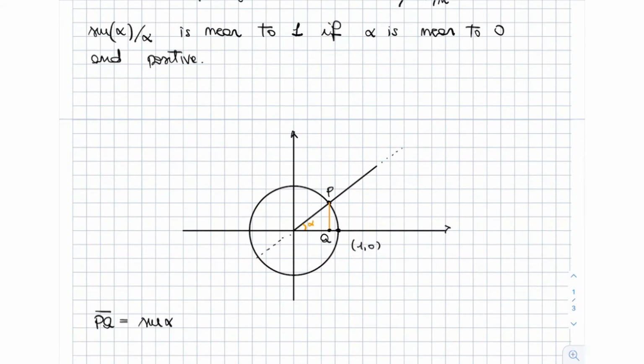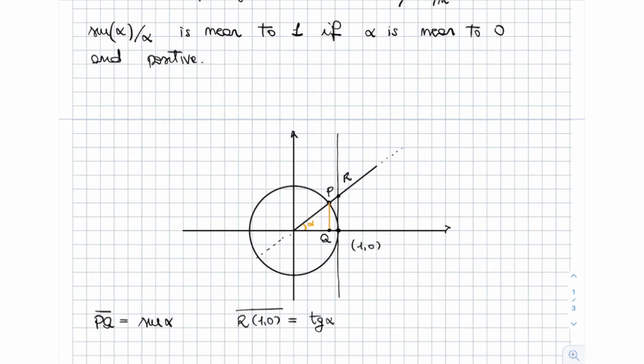If instead we draw the line which is parallel to the y-axis and goes through the point (1, 0), and we call the intersection between the line on which the radius we drew lies and this line R, then the length of the segment connecting R to (1, 0) is what we call the tangent of alpha. Using this picture here, we will prove the assertion above.